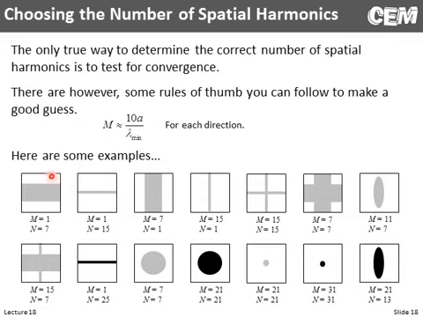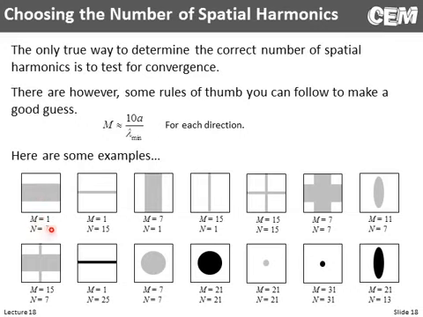So let's do that. Let's look at this unit cell, and what we see is a uniform bar going left to right. Well, going left to right, there is no modulation in the material properties, so in fact we only need one spatial harmonic in that direction. If we look vertically, we see something that has low index contrast. It's a pretty thick bar.